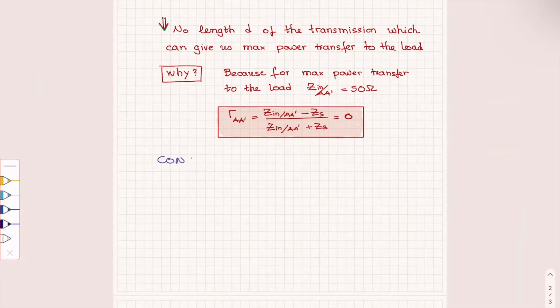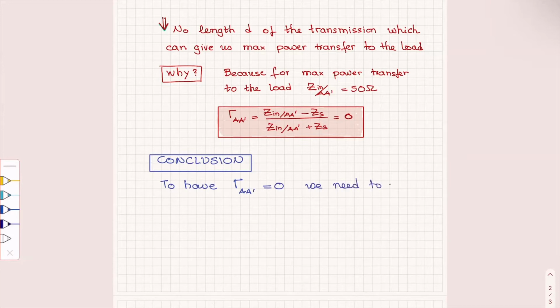Conclusion: to have gamma at AA prime equals 0, we need to use a stub somewhere on the line.